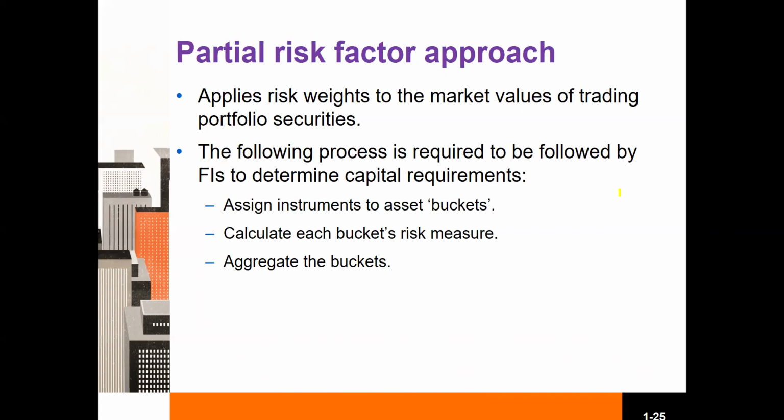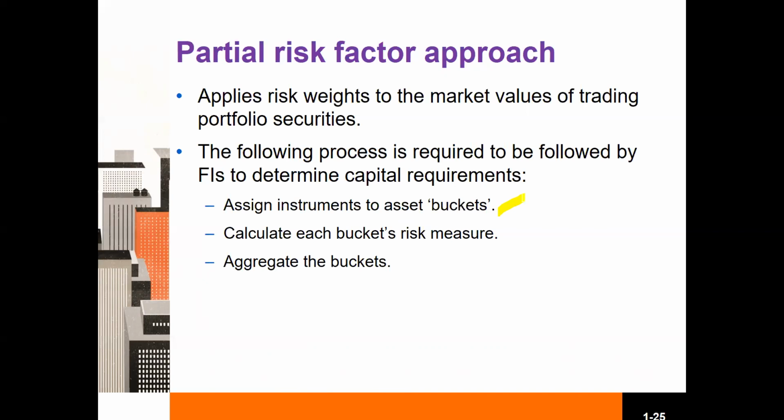Financial institutions follow several steps to determine their capital requirements. First, they assign instruments to asset buckets. Instruments are placed in one of 20 asset buckets across each of 5 risk classes, according to their risk maturity.